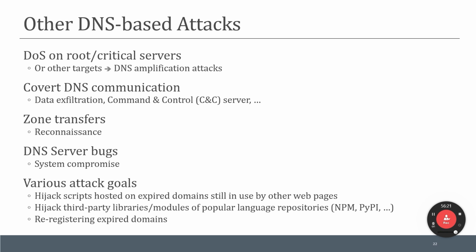Attackers can re-register the expired domains because users do not know whether a specific domain has expired or not. So if the attackers can re-register the expired domains, then they could leverage the popularity of the domain name in their attack.